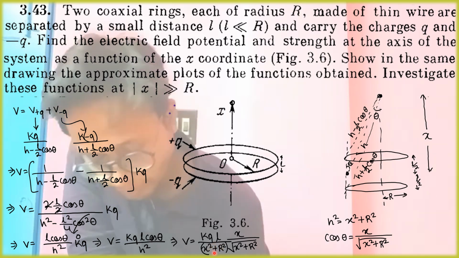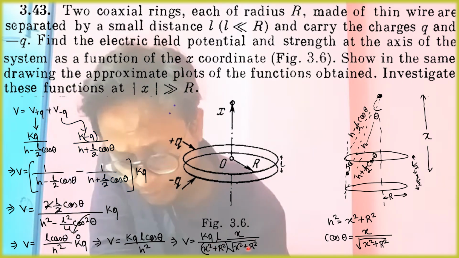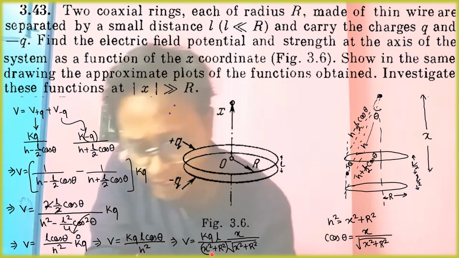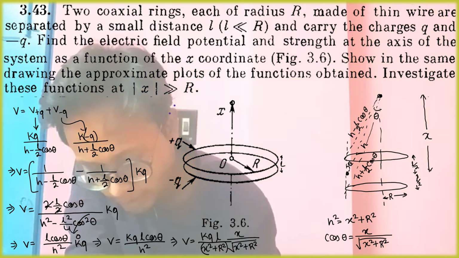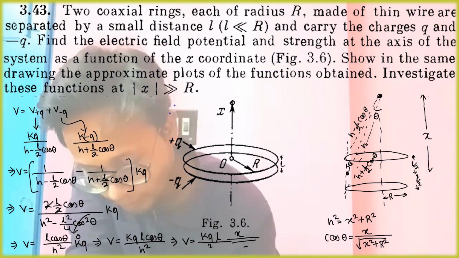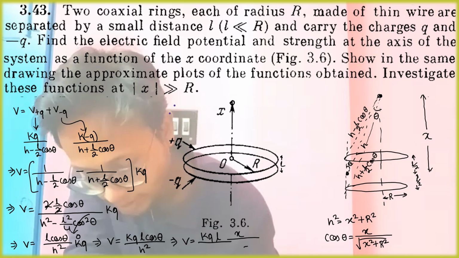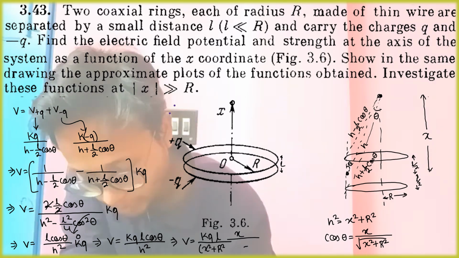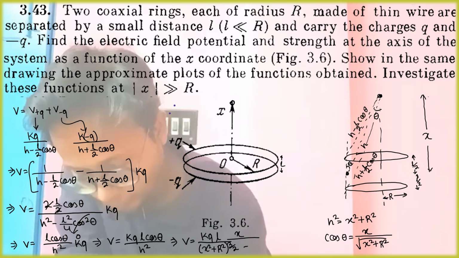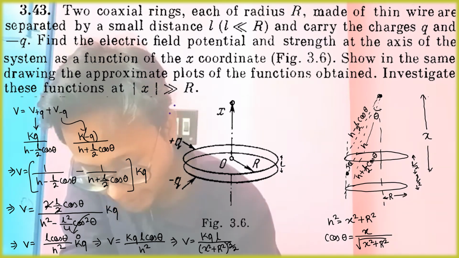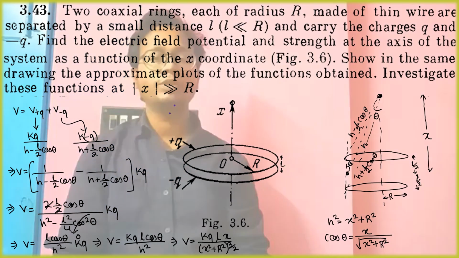Now these two terms, x square plus r square to the power 1 into x square plus r square to the power half, is nothing but x square plus r square to the power 3 by 2. So these two terms will combine, and I'll get my answer as kqlx divided by x square plus r square to the power 3 by 2.